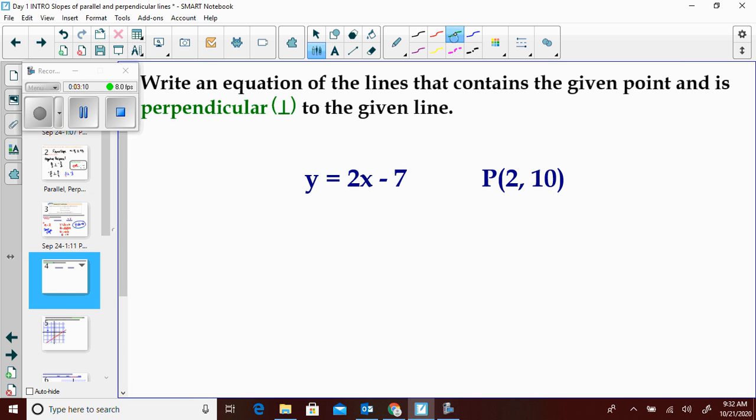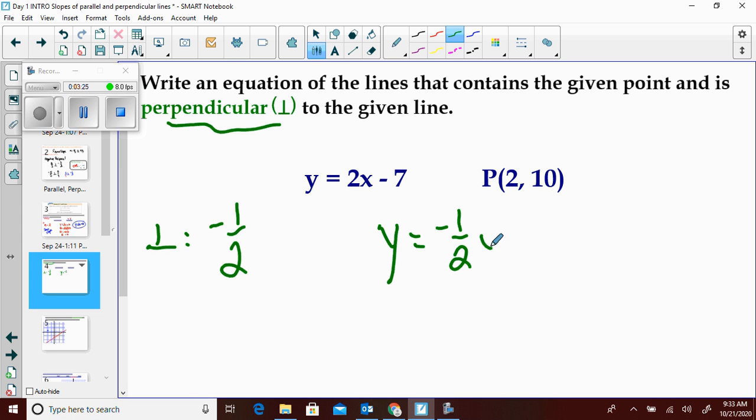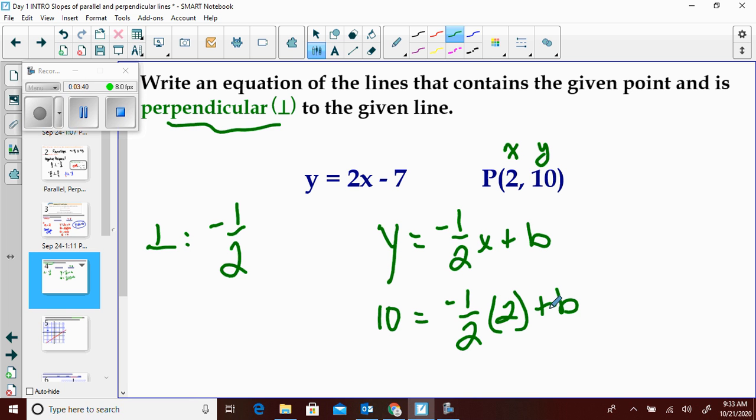Right? And now we want perpendicular, negative reciprocal. So the perpendicular slope, the negative reciprocal of 2, is -1/2. So I have y equals -1/2 x plus b. Here's my x and y, so I'm going to plug in my 10 equals -1/2 times 2 plus b.